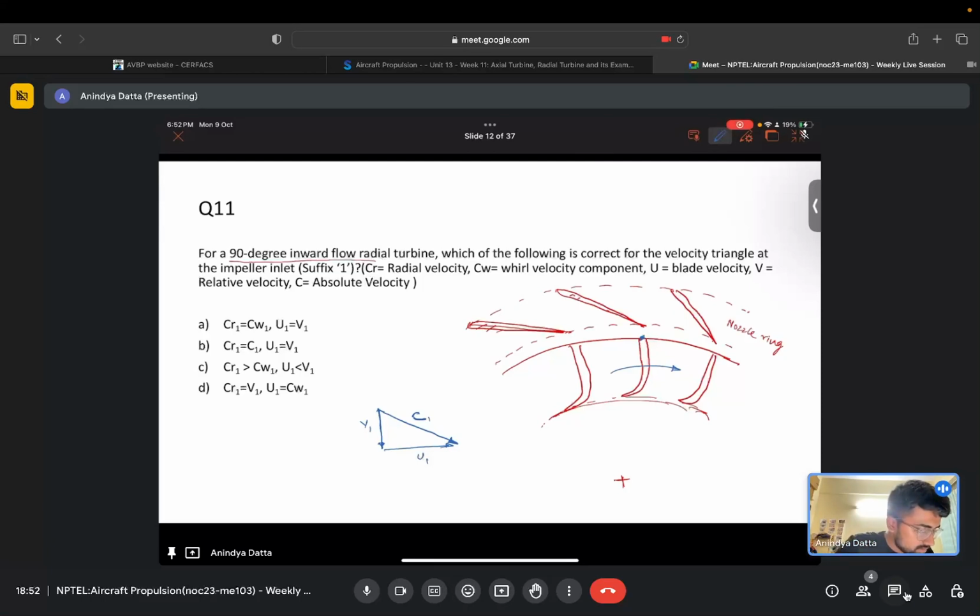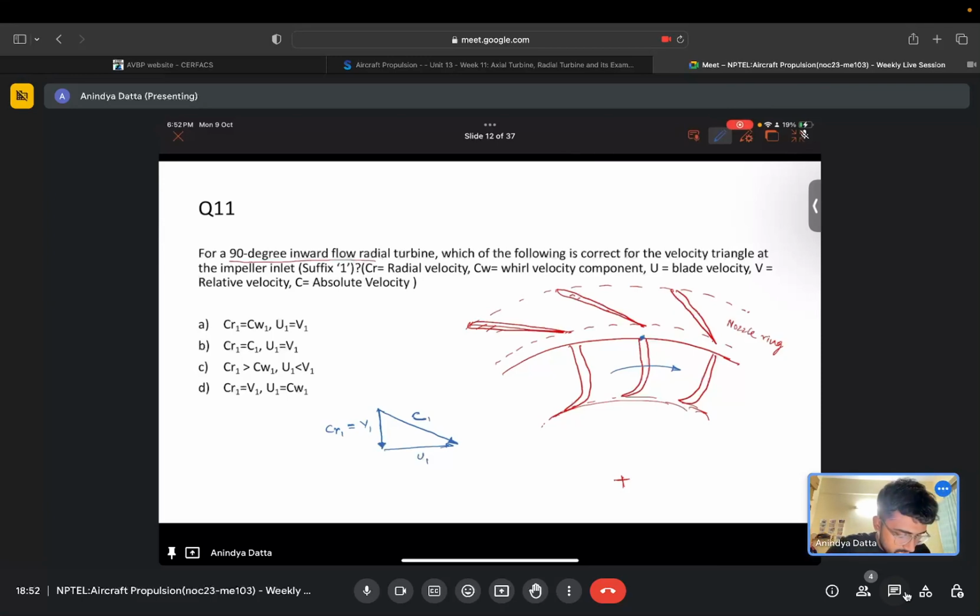Is this clear? For an inward flow radial turbine, the blade angle is 90 degrees at the impeller inlet. That's why the relative velocity component will be radial. So cr is our radial velocity component, which is equal to the relative velocity component.